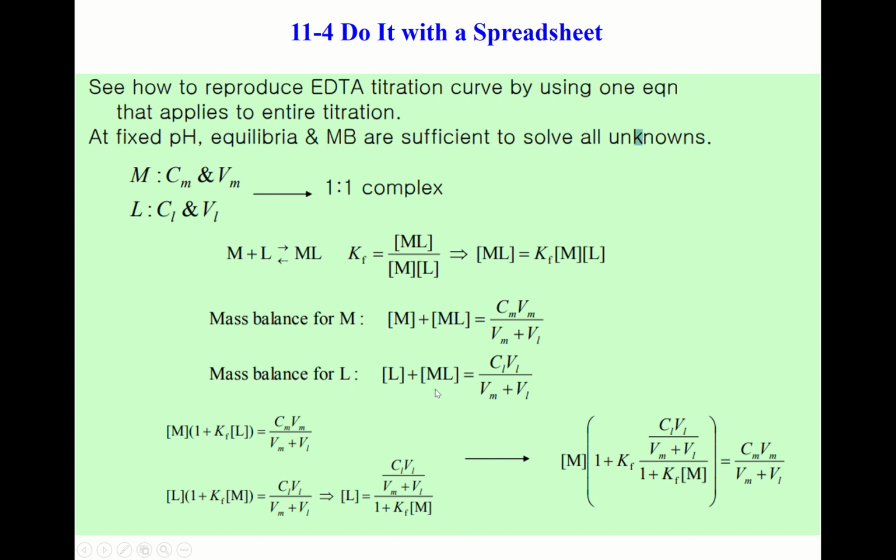We do the same thing for the ligand. From the mass balance, the total ligand concentration is given by L plus ML. Likewise, we write it this way, only the numerator is different. The numerator is the total moles of ligand. Initially, Cl is the ligand concentration and Vl is the ligand volume that we add.